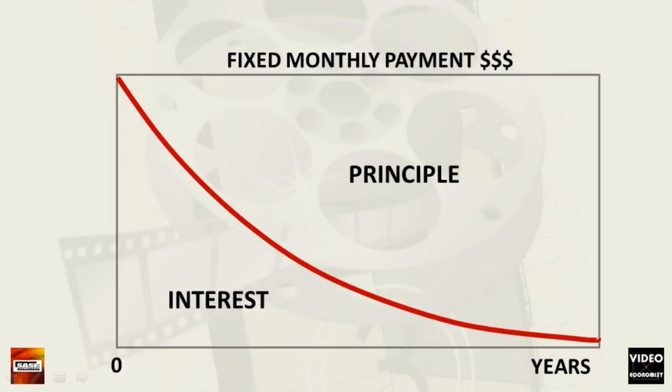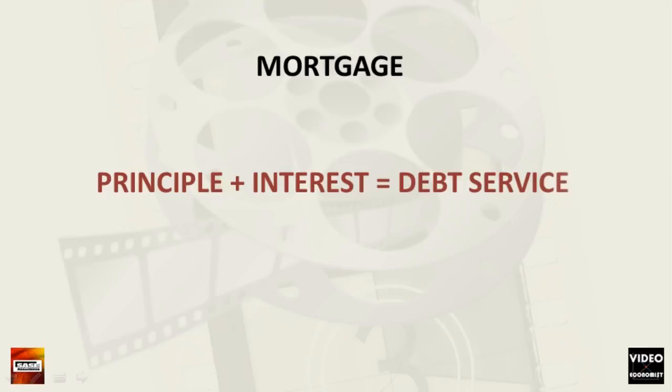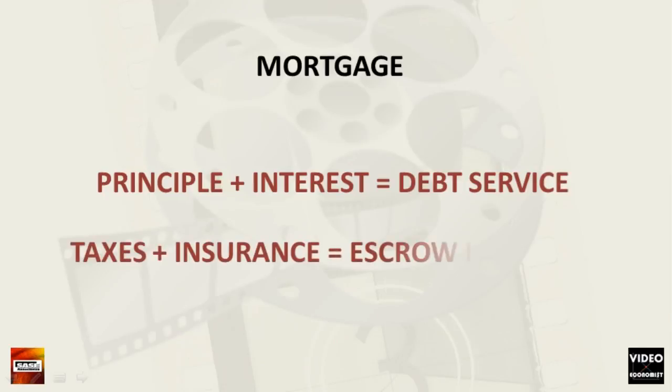But as time goes on, as we get to the years near the end of the mortgage, most of that payment becomes principal paid and very little of it is interest. A mortgage is made up of different payments. The principal and the interest together are referred to as debt service.